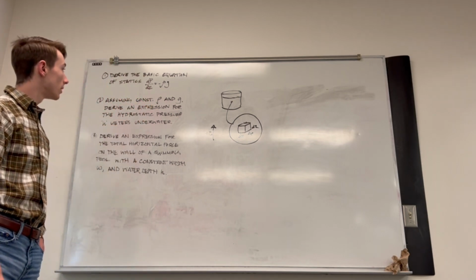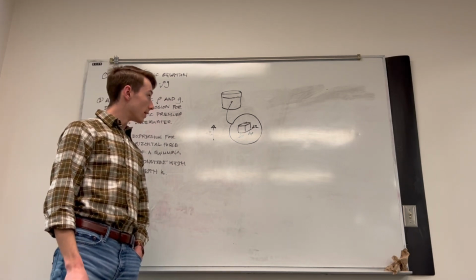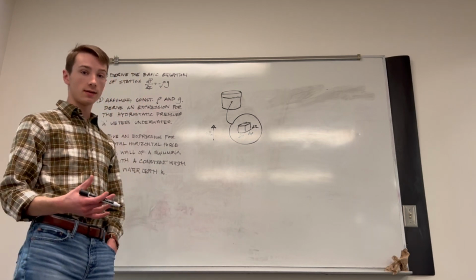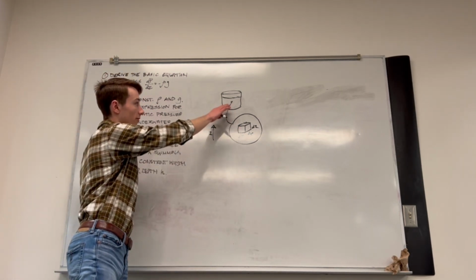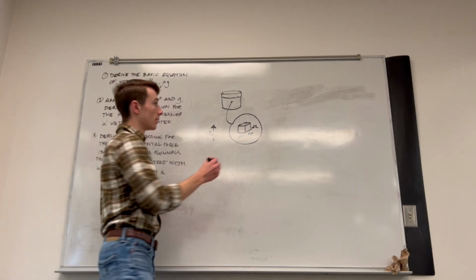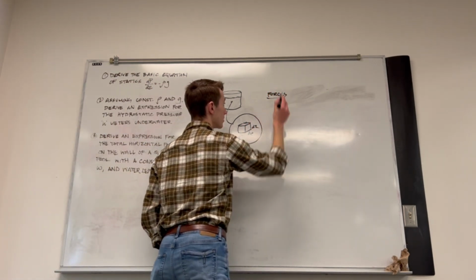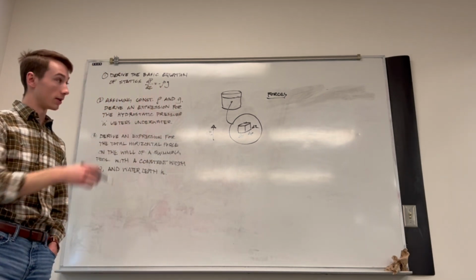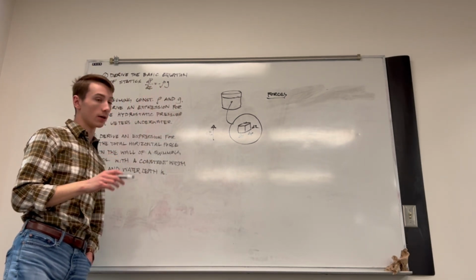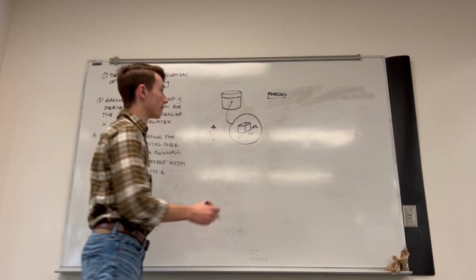So the best way to approach this is to think about what kind of forces are on this little differential unit of volume. Let's go ahead and write those out. There are a few different forces. The first and most obvious one is gravity.